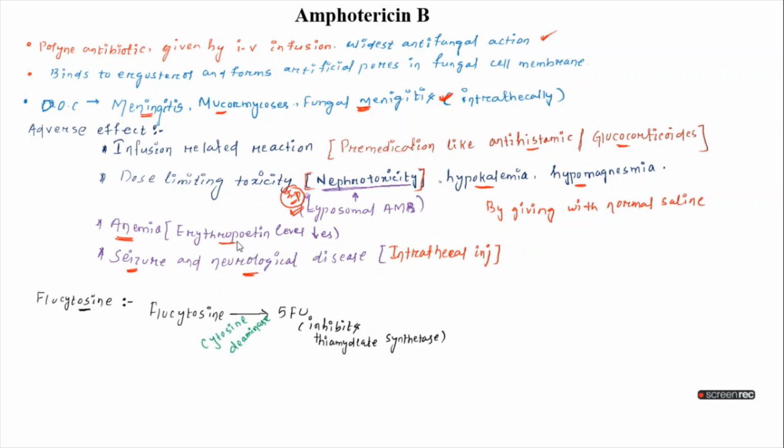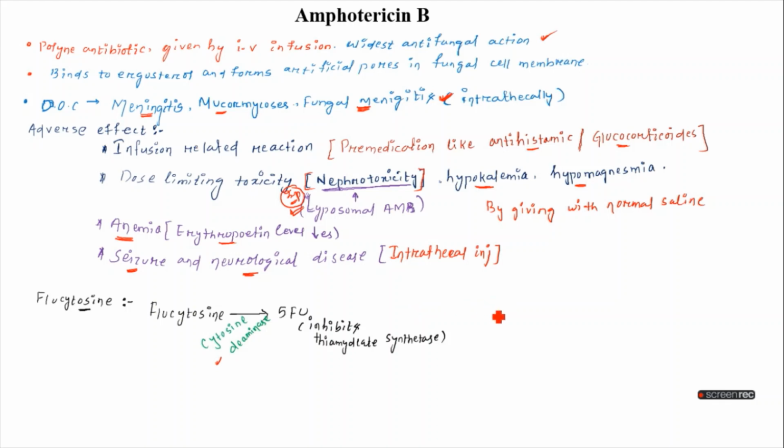Okay, next important drug is flucytosine. Flucytosine gets converted into 5-fluorouracil by the enzyme cytosine deaminase, and this basically inhibits thymidylate synthetase formation. Several adverse effects can be seen in case of 5-fluorouracil.